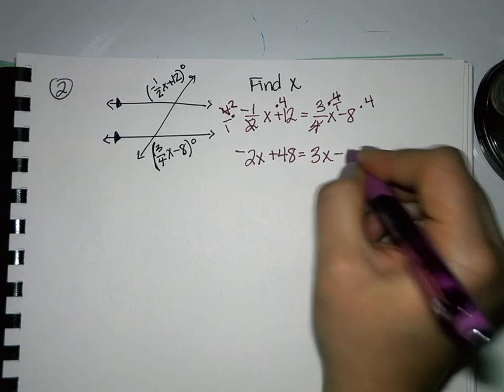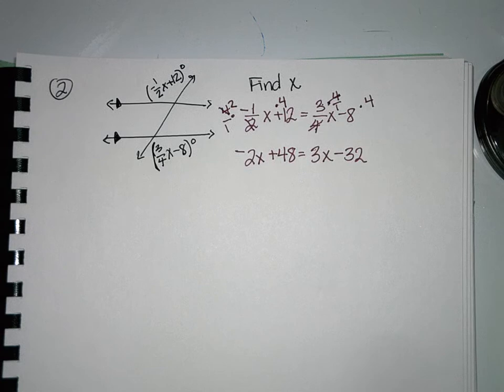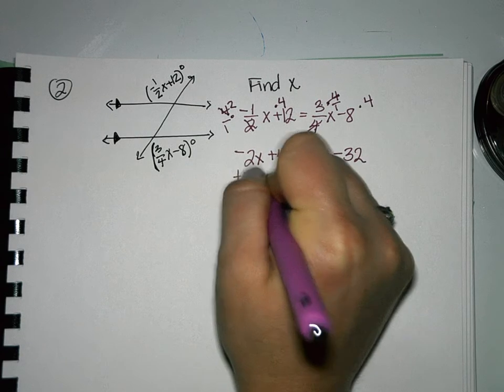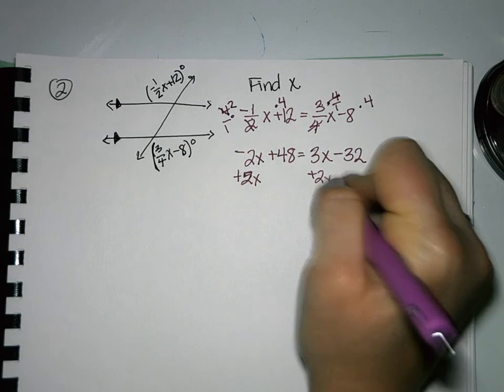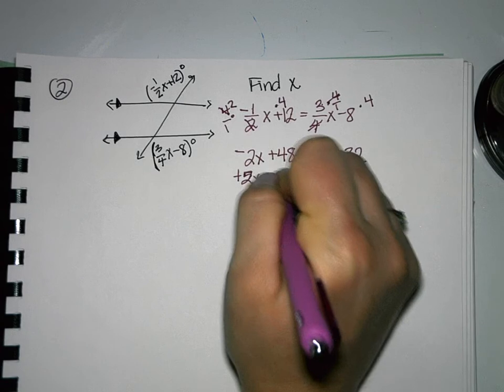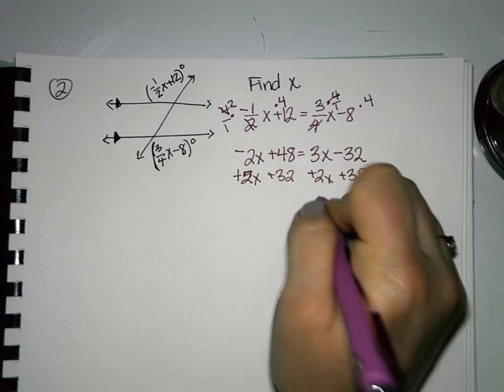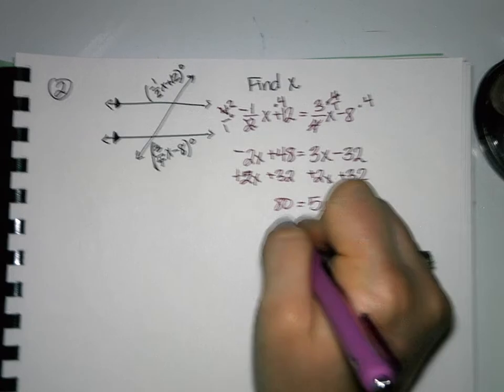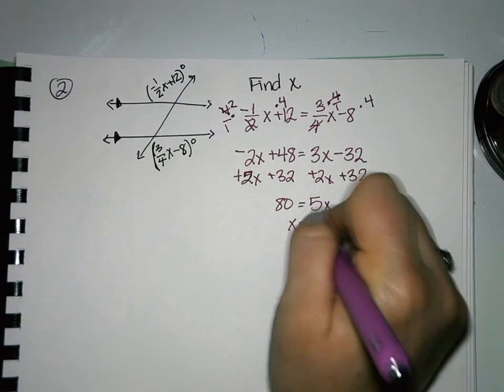And then 8 times 4 is 32. So you have 2 on your assignment that have fractions. So this is going to be what you'll want to do if you don't want to simplify or add your fractions together. From here, we can just combine like terms. So add 2x, add 32. So we'll get 5x on the right, and we'll get 80 on the left. Divide both sides by 5 to get that x is 16.